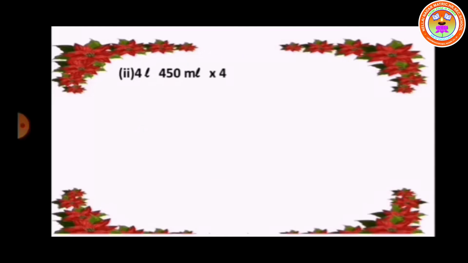Second sum, 4 liter 450 milliliter multiply by 4. First arrange 4 liter 450 milliliter multiply by 4. First you have to multiply milliliter. 0 into 4, 0. 5 4s are 20.